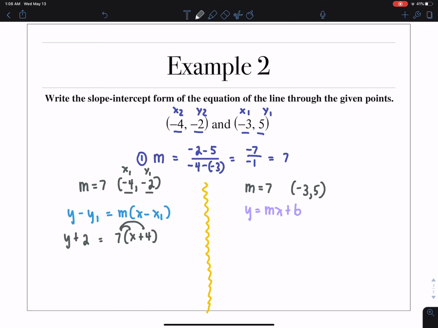So we're going to distribute the 7, and we have y plus 2 equals 7x plus 28. And then solving this, we have to subtract 2 from both sides, and we get y equals 7x plus 26.